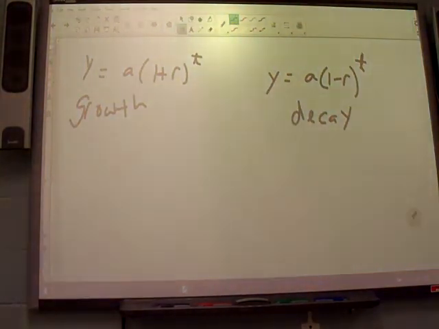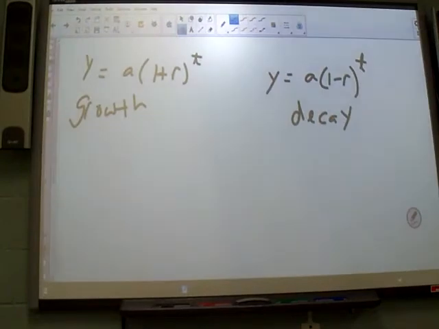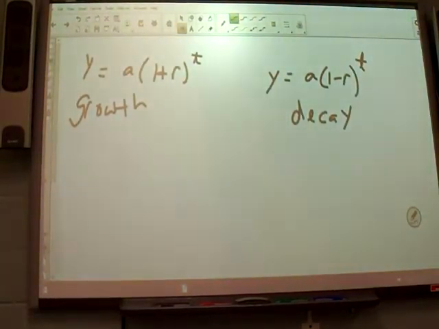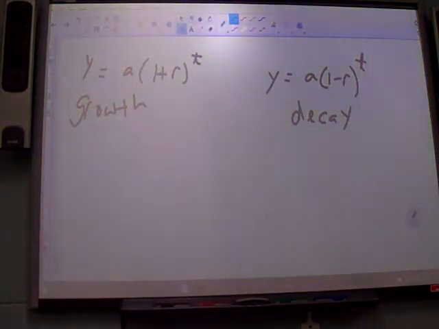Alright, so that was just an example. I want to do a real life problem with you now. Let me make sure I don't need to add anything else to those before we go away. Oh, we're good.